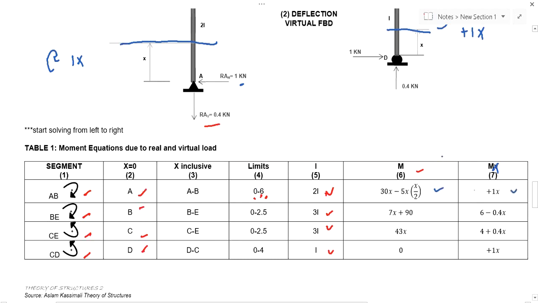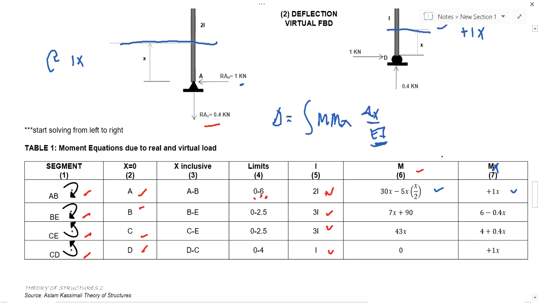Okay? So, pagka meron na kayo niyan, meron na kayong equation, you can substitute this in our virtual expressions. Okay? So, the integral, pagka deflection, integral of M mx dx over EI. Do not forget yung EI natin.